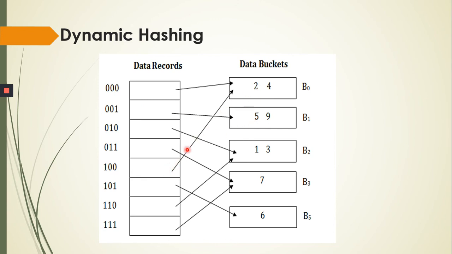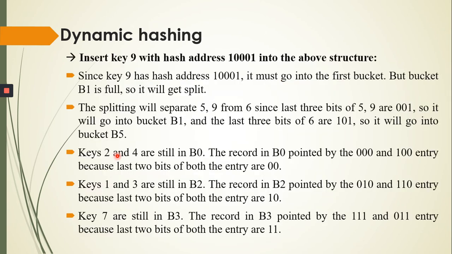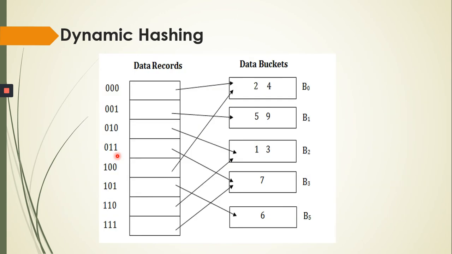For 2 and 4 again, the last 2 bits are 00, so it is considered over here. For 1 and 3 it is 010, last 2 bits, so it is over here. Now 011 and 110 are over here, so 7 is considered here also, as the last 2 bits are the same as I explained. So this concept is known as dynamic hashing. Thank you.